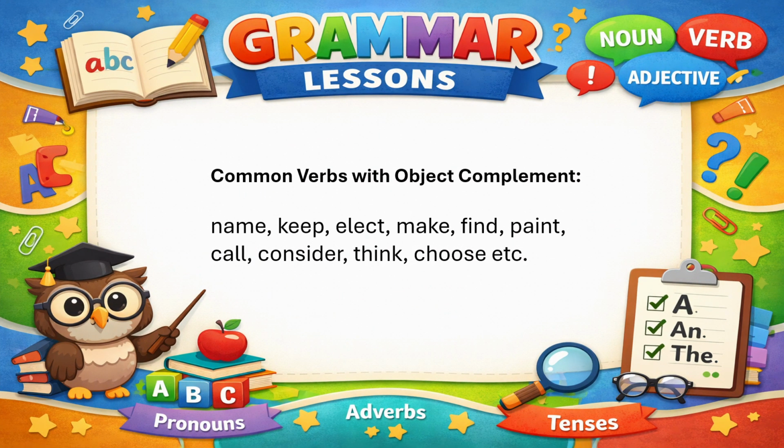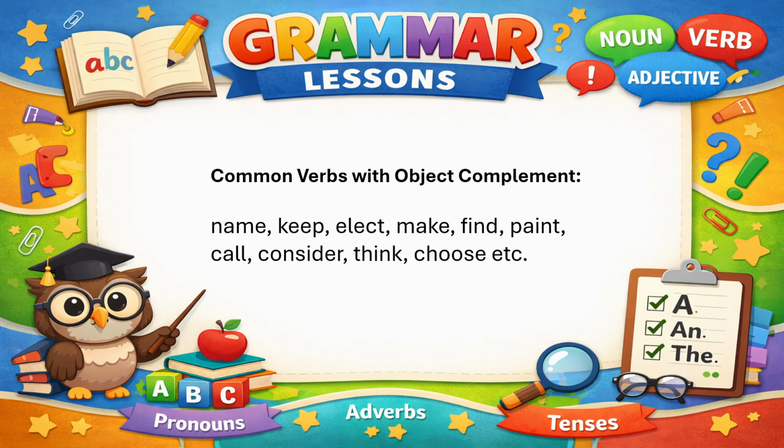The common verbs which are used in this construction are name, keep, elect, make, find, paint, call, consider, think, and choose. There are many other verbs which are used in this construction.